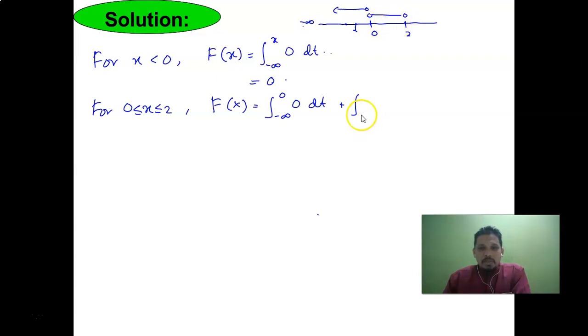Okay, so we put it here as 0 and add the integral from 0 to x of the function 1 over 2 times (2 minus t) dt, changing the variable of x into t. And of course, this is going to give you 0 plus, okay, what about this one here now? 1 over 2 is a constant. The integral of 2 minus t comes up with 2t minus t squared divided by 2.